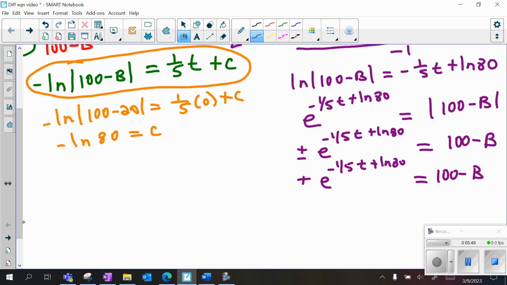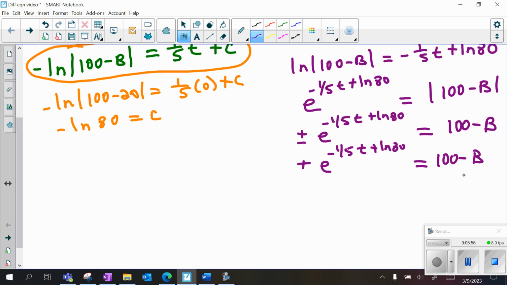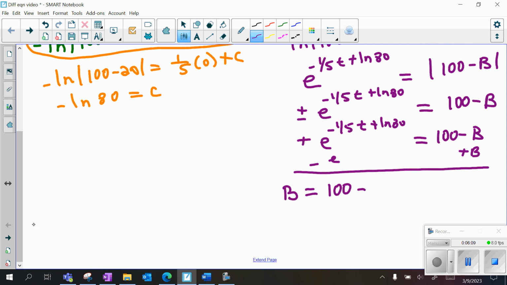Now I will add the B to the left and subtract the E over to the right. All right, I'll add B and subtract this whole expression to get B equals 100 minus E to the negative 1/5 T plus ln of 80.